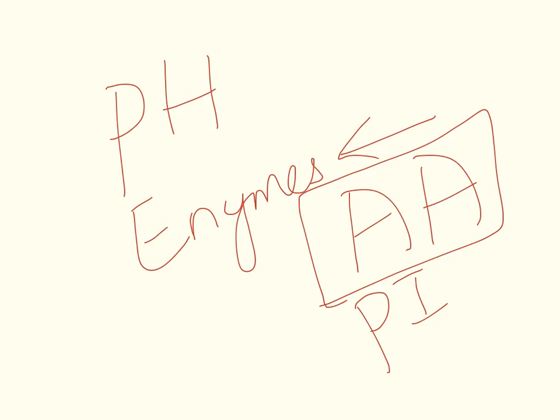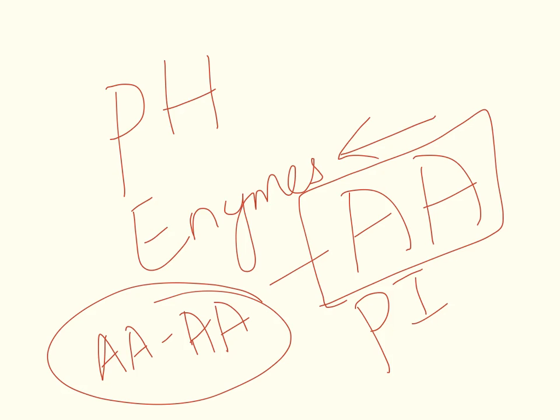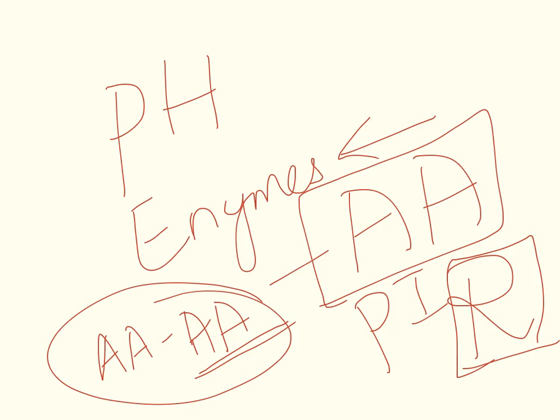And once the amino acids are all linked by peptide bonds, the side chain of the amino acid is still preserved, which means that if you change the pH, the side chain can still be influenced by the change in pH, and if the side chain, or the R group of the amino acids, gets disrupted because of the change in pH, then the enzyme activity is also disturbed.